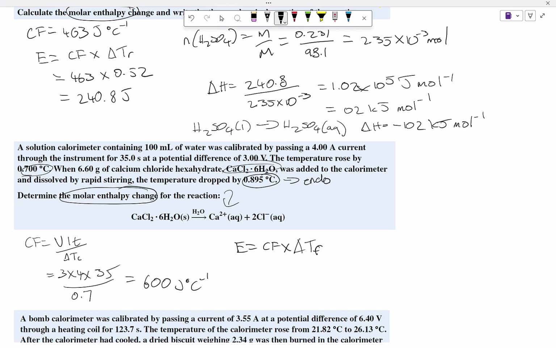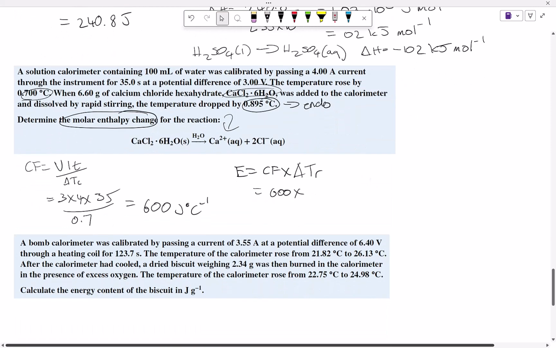So that's going to be what we had there, 600 times the temperature change, which is 0.895, and that gives us 537 joules.